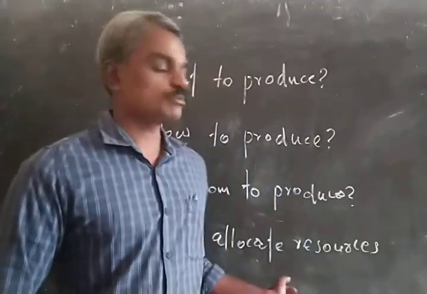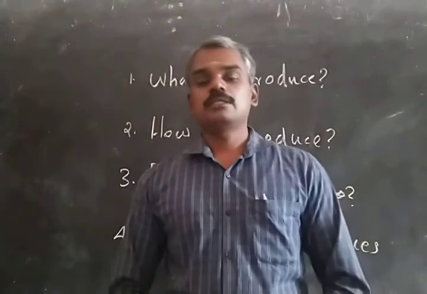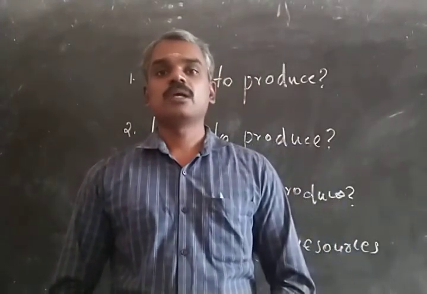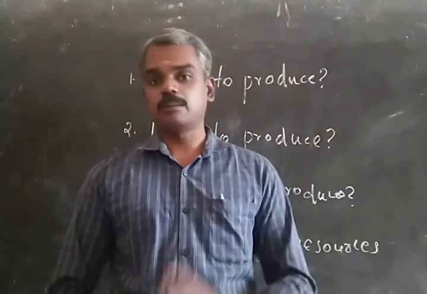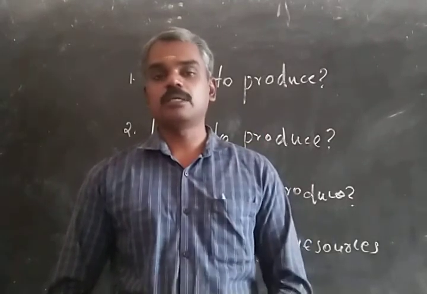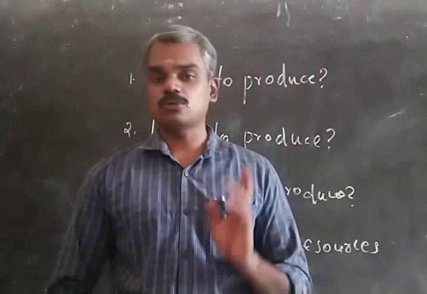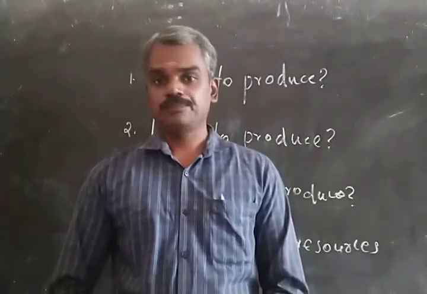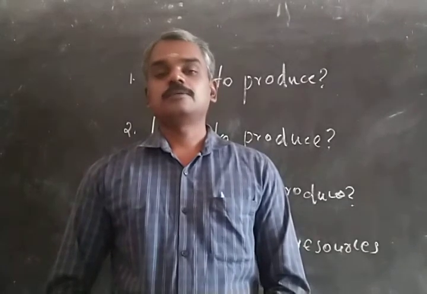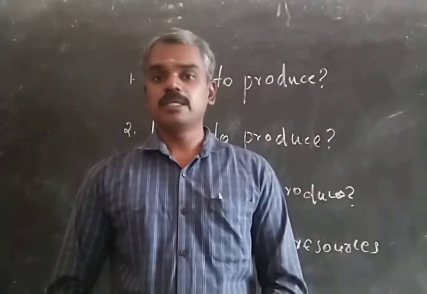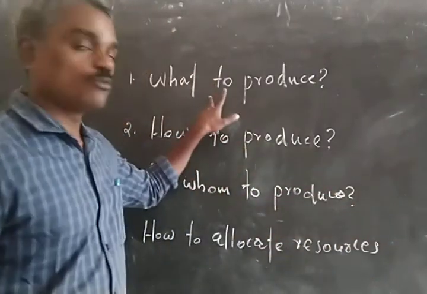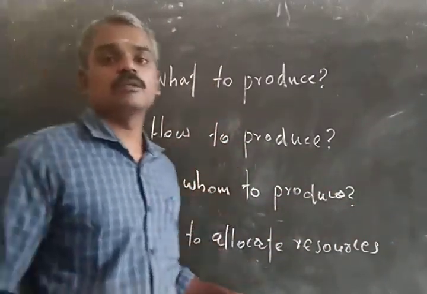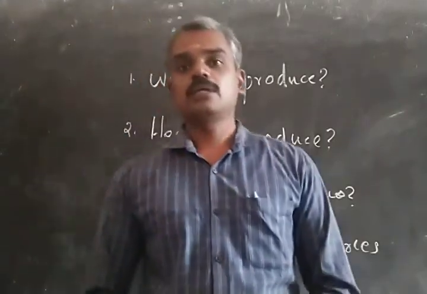So the resource allocation problem, maybe one of the most important problems of an economic system, is solved through three methods. It can be solved either through a capitalist or market determined economy, second through a socialist, communist or command economy, and third through a mixture of these two systems. So these are the basic problems of the economy: the question of what to produce, the question of how to produce, the question of for whom to produce, and how to allocate the resources efficiently.